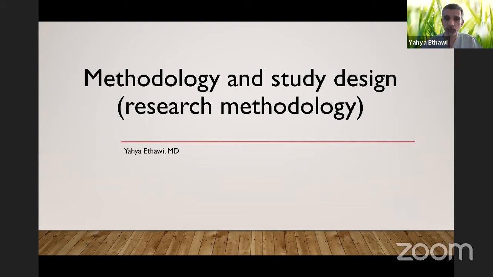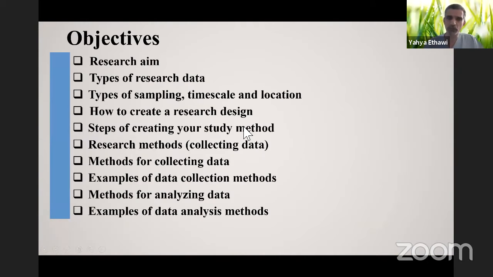And in the last sessions, we talked about... well, I forget what the last session was about, but today we will be talking about methodology, study design, and research methodology.